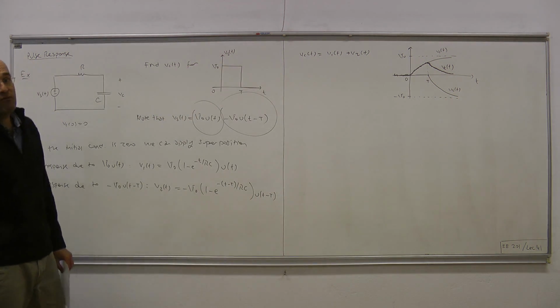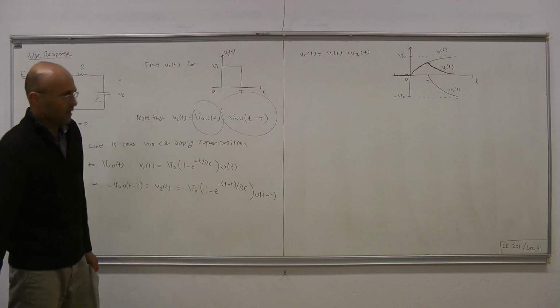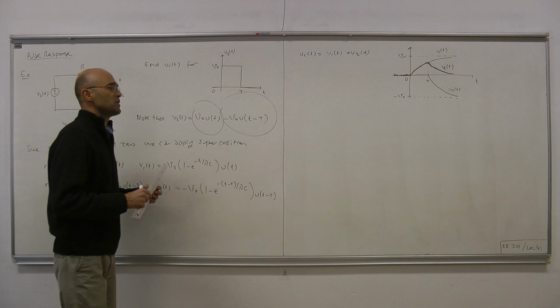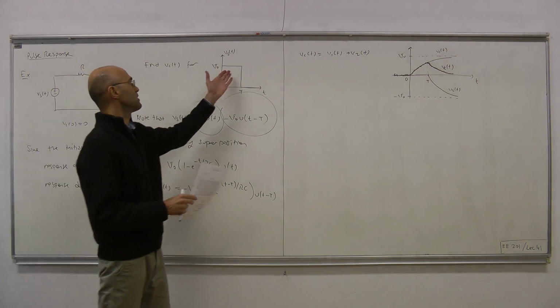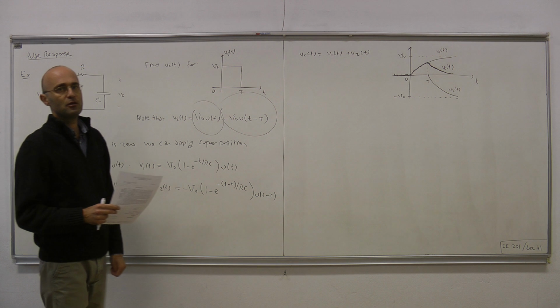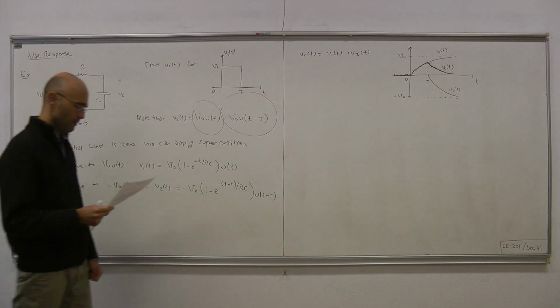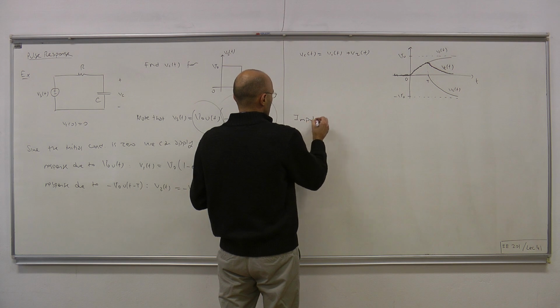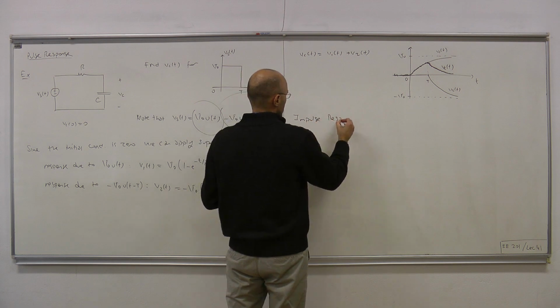But even before that, let's do it in a more mathematical or less visual way using the differential equation. And then once we do it the visual way, we can compare the two answers. Hopefully they will be the same. So now let's talk about the impulse response.